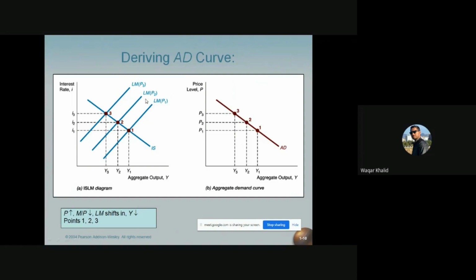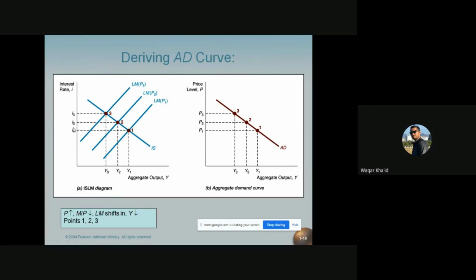If the price increases from P1 to P2, the LM curve will shift from LM P1 to LM P2, and if the increase in price remains sustained, the LM P2 will shift to LM P3. It means that from point 1 we will move to point 2 and then from point 2 to point 3. Look at here, a decrease in output level from Y1 to Y2 and then from Y2 to Y3.